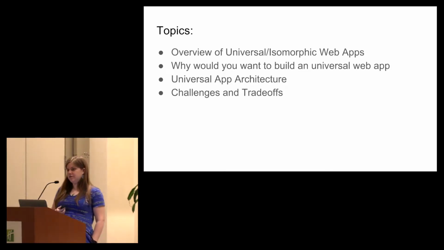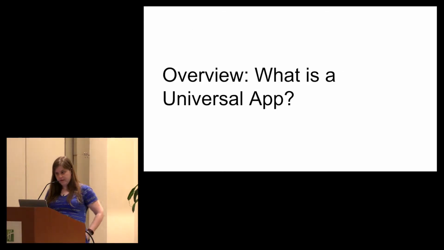And at the end, I'll talk a little bit about some of the challenges and trade-offs with this type of approach and try to suggest some solutions, although as we'll talk about, there are some complexity pieces here that haven't been 100% solved yet. So, what is a universal app?